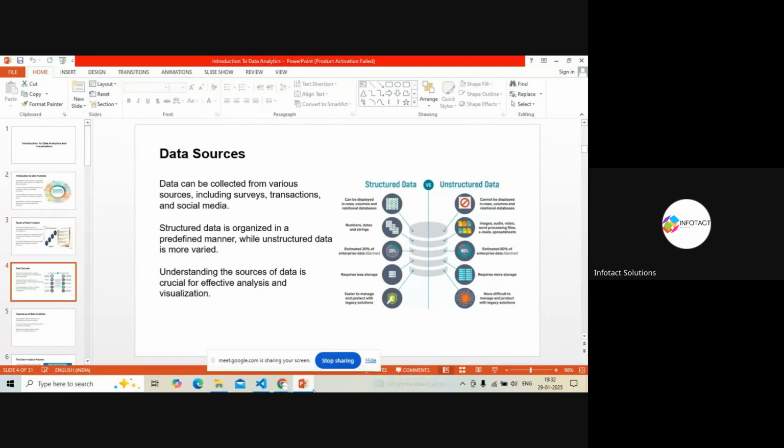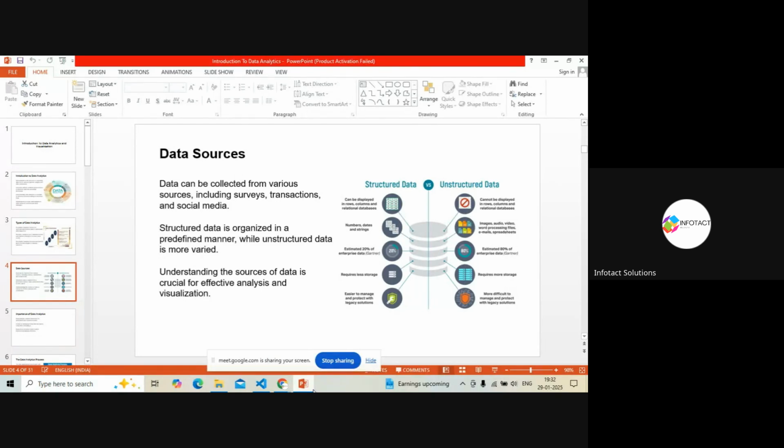Structured data requires less storage, while unstructured data requires more storage. Structured data is easier to manage and protect with legacy solutions, but unstructured data is more difficult to manage and protect with legacy solutions.